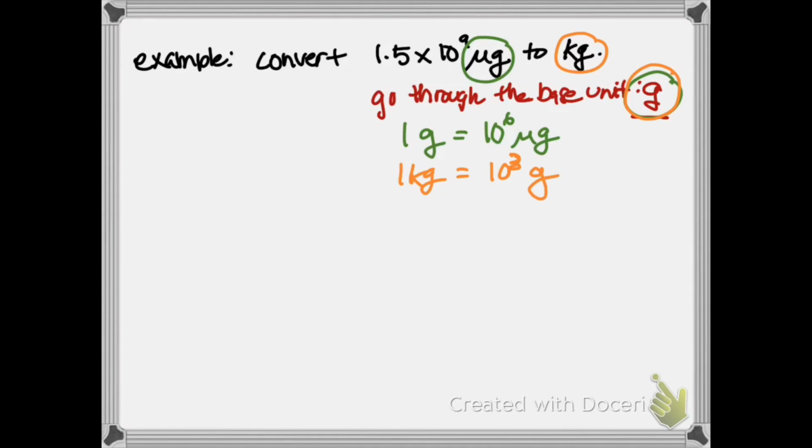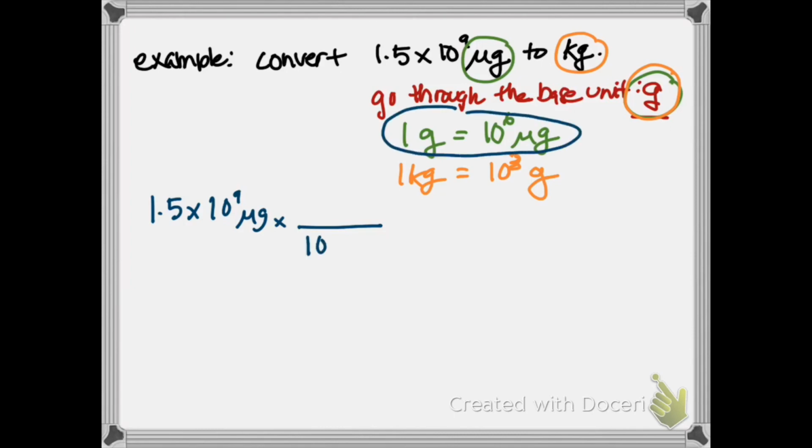So we do our conversions now, and we write our given number 1.5 times 10 to the 9th micrograms. We are going to use our conversion for grams to micrograms. So microgram goes on the bottom, 10 to the 6 micrograms per 1 gram. So that cancels out our micrograms. We're at grams, but we're not done, right? Because we need to go to kilograms.